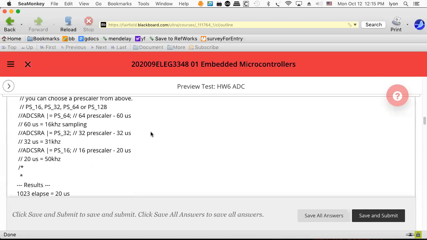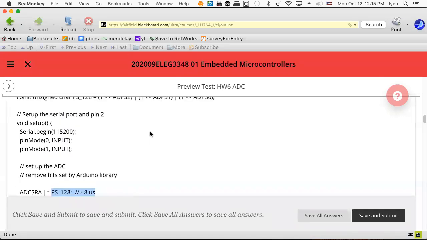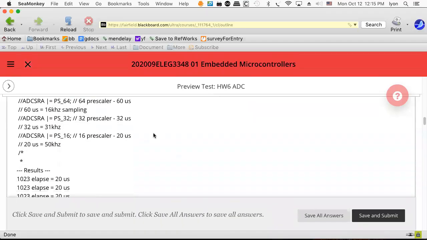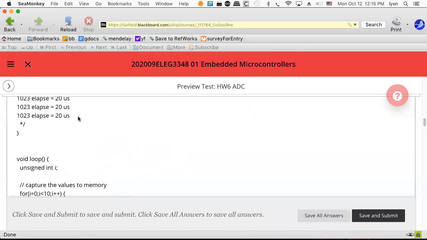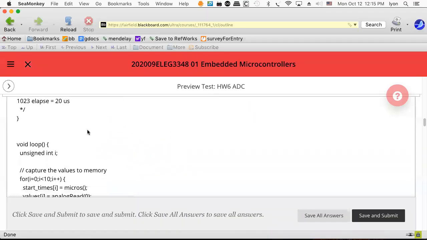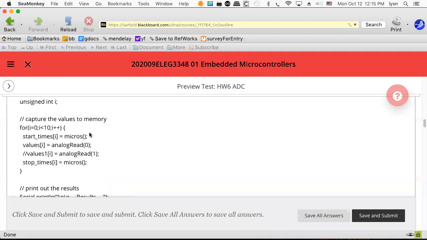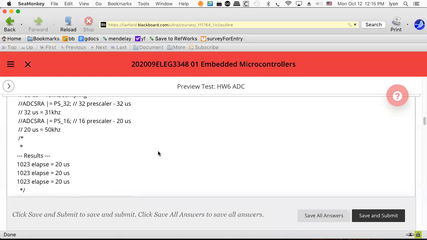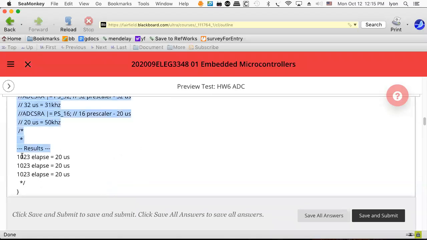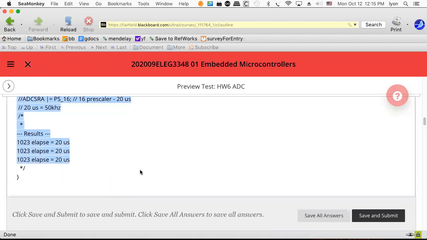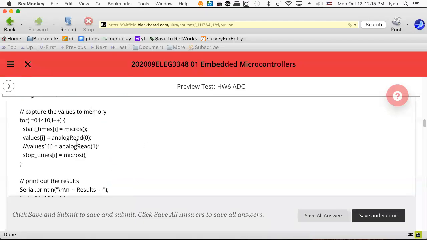So then here comes this interesting bit of code. There's a serial setup, and it's giving me results of 20 microseconds. I've got several samples from the analog read, and then several stop times. I'd like to know if it's being consistent as I do several samples. Here I'm doing analog read, and it's giving me a 20 microsecond read time.